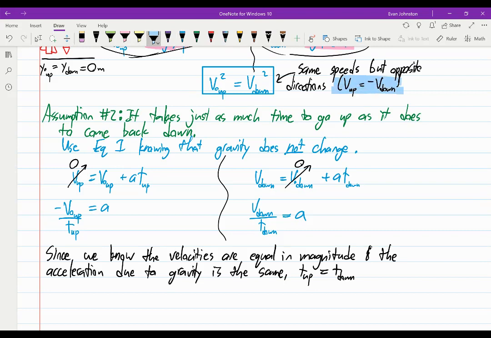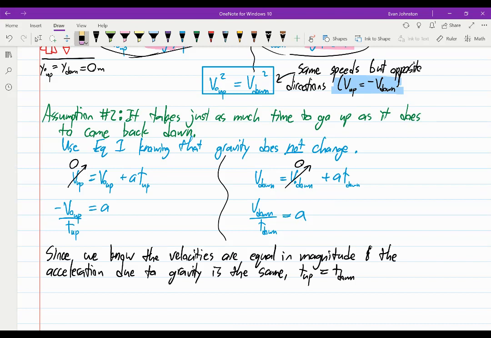We know v up equals negative v down. So in other words, I could rewrite this v down if I really wanted, okay? And just to show this super explicitly, I could say that v down is just equal to negative v up, or really vice versa. I should have done it on the other side here. Sorry, let me fix that.